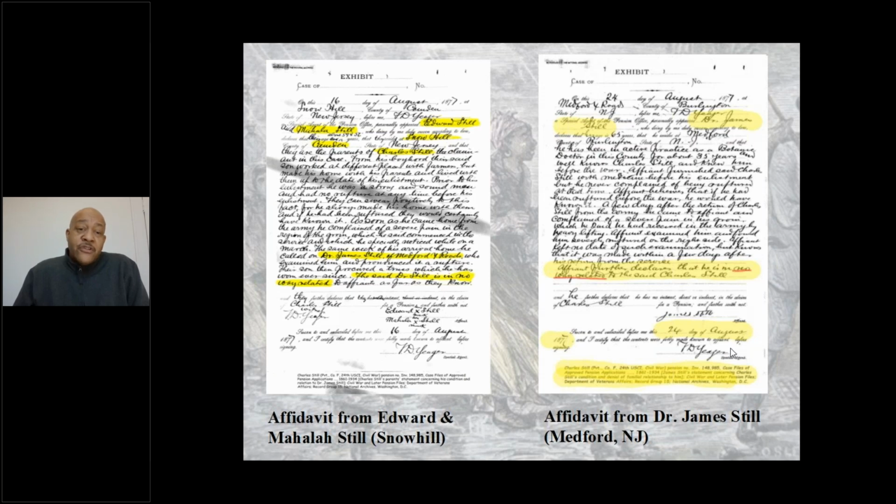He was hurt during the Civil War, and after the war he was trying to get a pension. This document is an affidavit stating that there are no blood relations to Dr. James Still. And then Dr. James Still, there on the right-hand side, said he was no blood relation to the said Charles Still, so that this gentleman could get his pension.